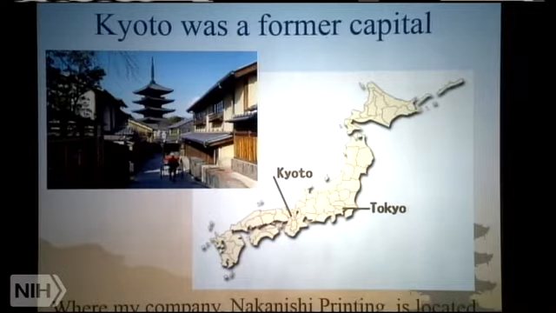Many relics and historical and religious sites are there. This picture is an image of Kyoto for tourists, and this silhouette is a pagoda, the pagoda in this inset photo.